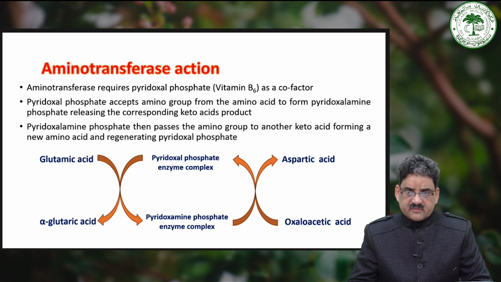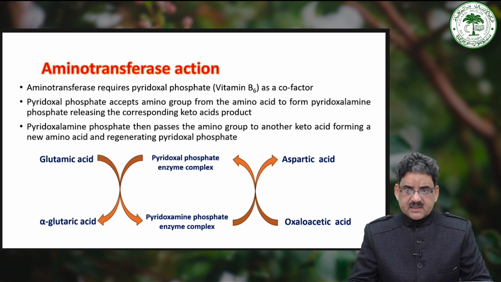Subsequently, the amino acid is converted to the corresponding keto acid and it exits the enzyme active site. Meanwhile, pyridoxal phosphate, upon receiving the amino group, transforms into its amino form known as pyridoxamine phosphate, as you can see here. The second substance, that is an alpha keto acid, then binds to the enzyme's active site.